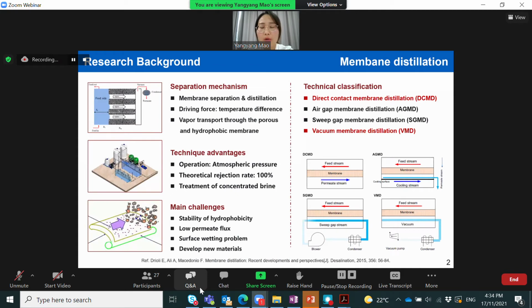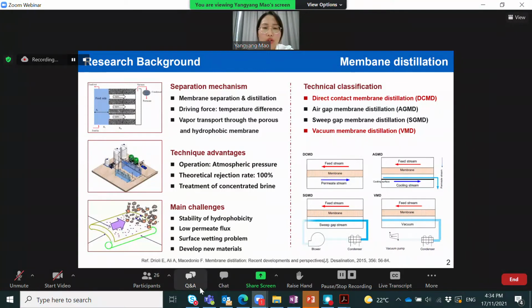As we all know, membrane distillation, namely MD, is a process that combines membrane separation and the distillation process. The driving force of it is the temperature difference across both sides of the membrane and the vapor transport through the porous and hydrophobic membrane. Membrane distillation can be operated at atmospheric pressure, and the theoretical rejection rate of this process is about 100%.